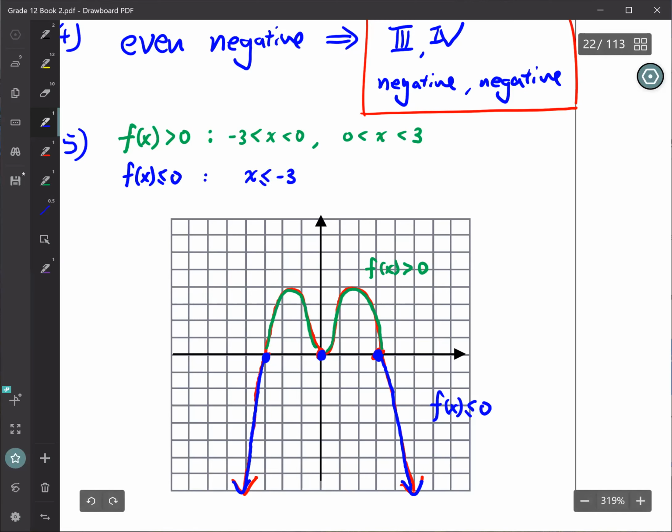Yeah, very good. And Donna, what about the right one? x is greater than or equal to 3. Okay, so that will be the right side. And how about the middle then, Donna? How do you write the middle?